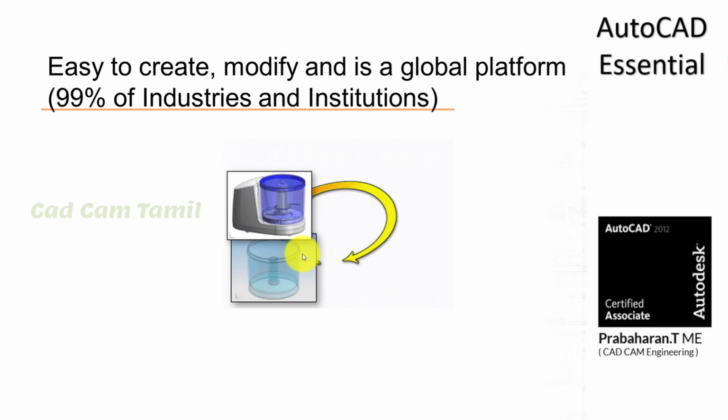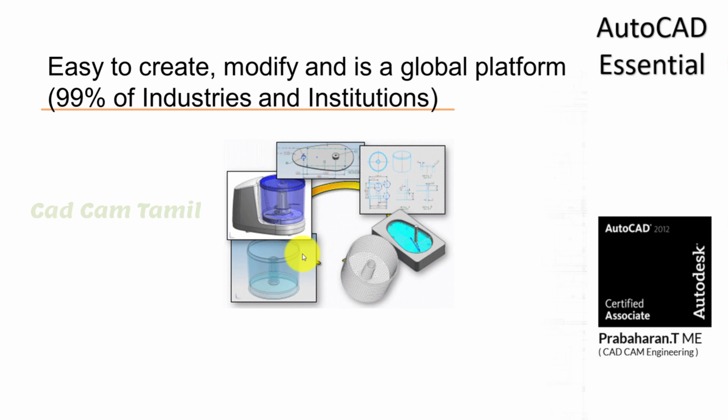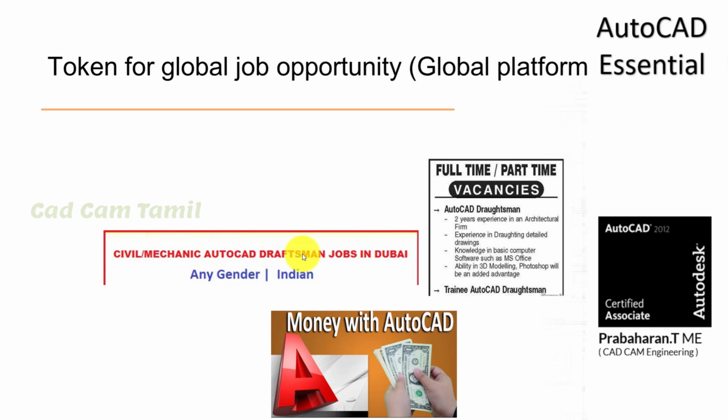Okay. Then around 90 to 99% of the institutions and industries nowadays are using the AutoCAD program for designing. So why? Because it is very user friendly, easy to create and modify. And apart from this, once you know AutoCAD, it will create job opportunities worldwide.